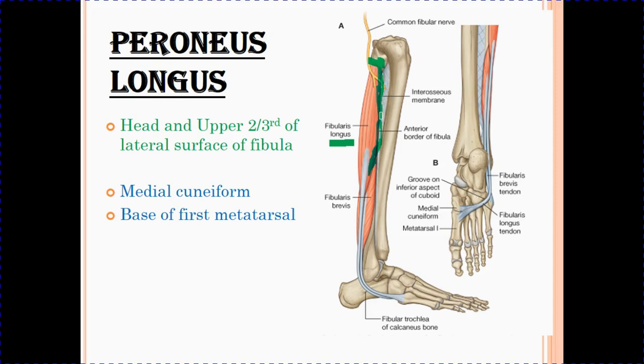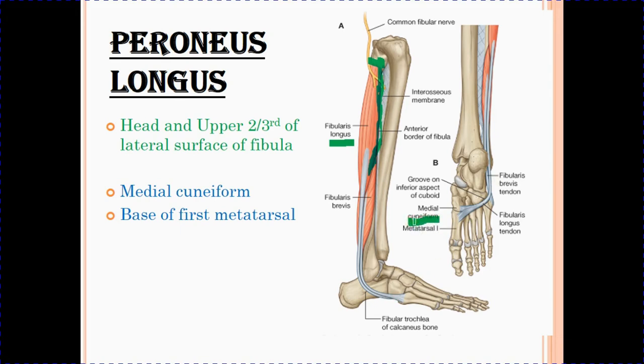The fleshy part of the peroneus longus muscle is converted into a tendon. The tendon runs downward, crosses the undersurface of the foot and reaches the medial cuneiform.